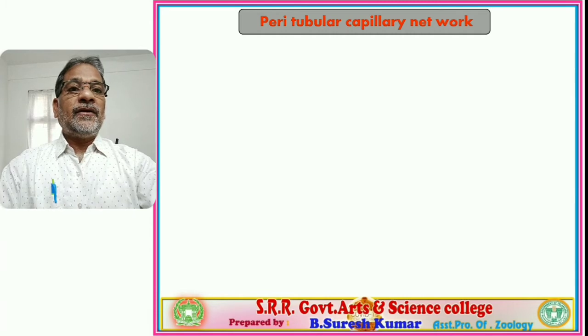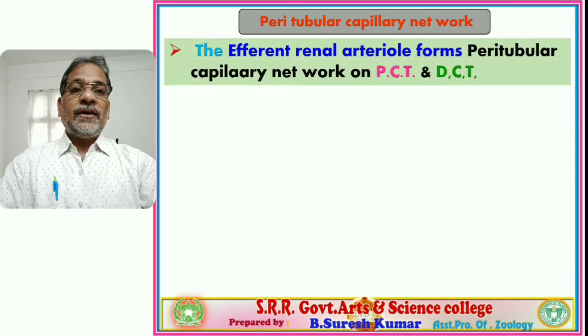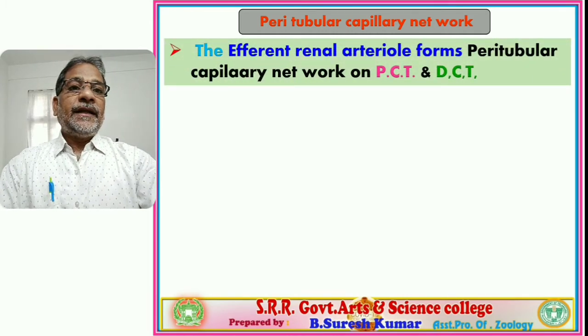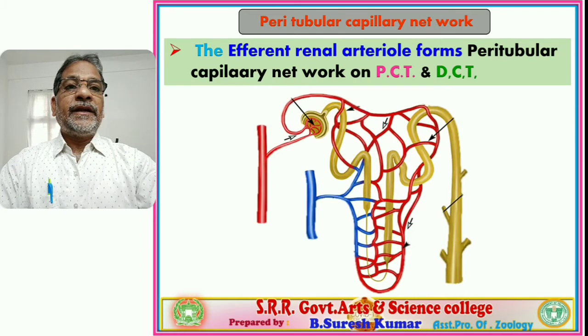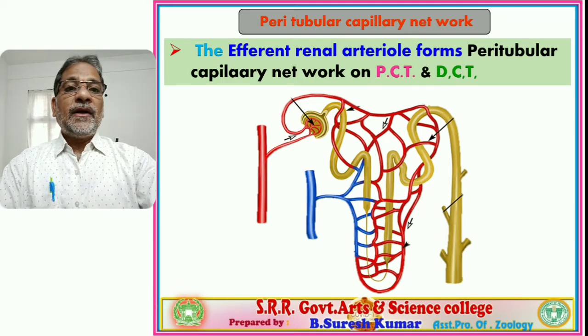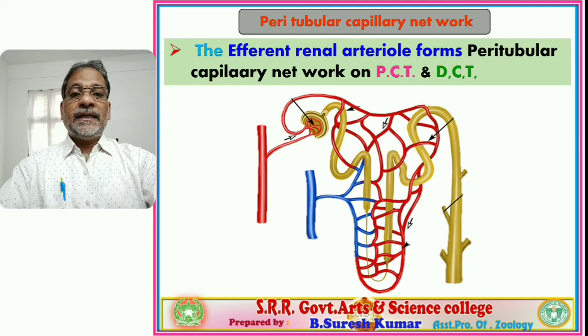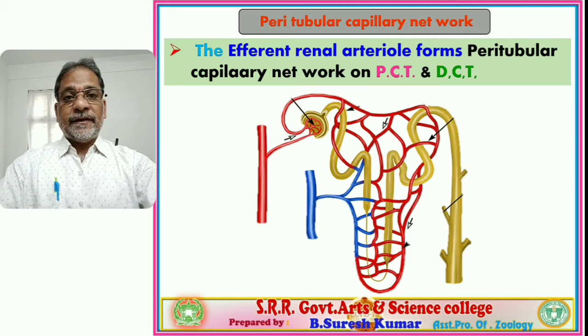Alright, let us see all these sections in detail. The efferent renal arteriole forms the peritubular capillary network on the PCT as well as on the DCT. Already we discussed the blood supply to the nephron.